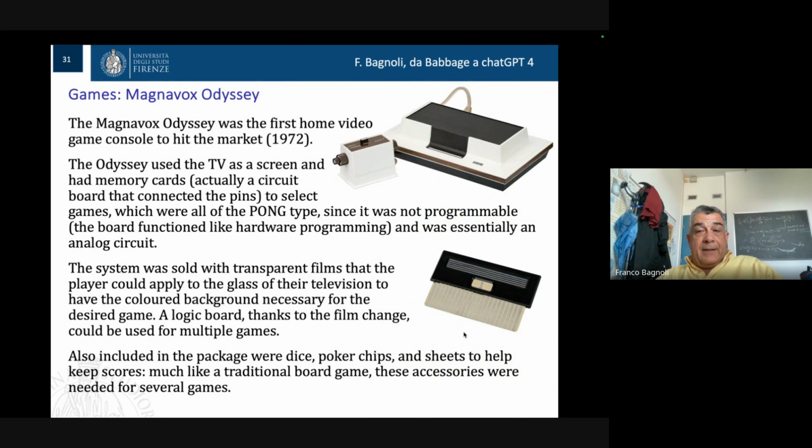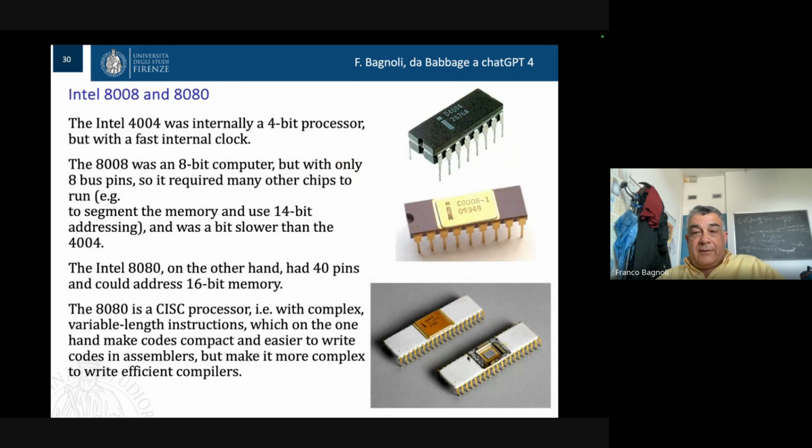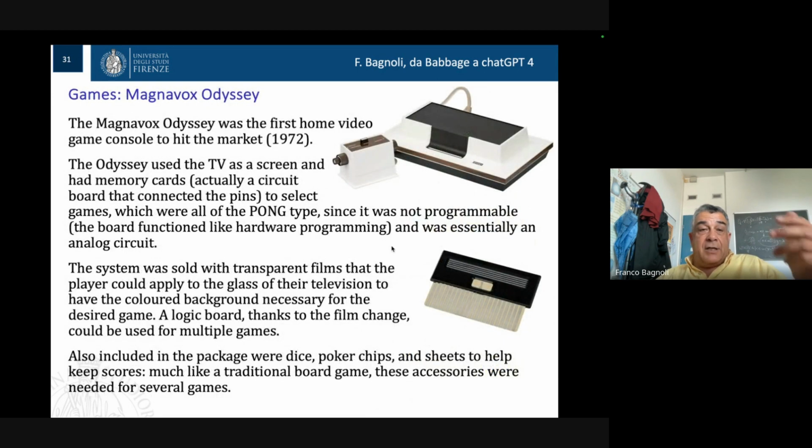And how all these devices entered the home market, essentially, as we shall see many times in the following, was because of games. Games which were quite different from those we are used to today. Many of the first games were essentially analog games.